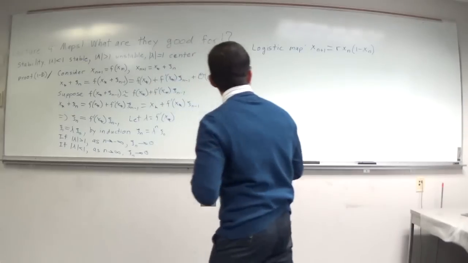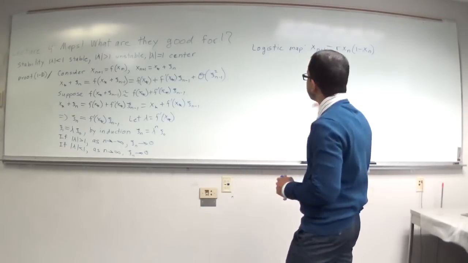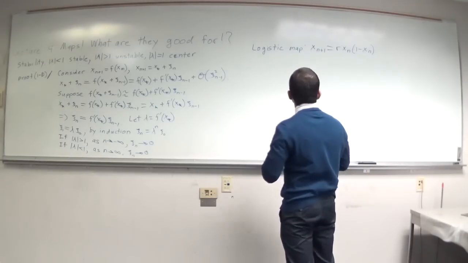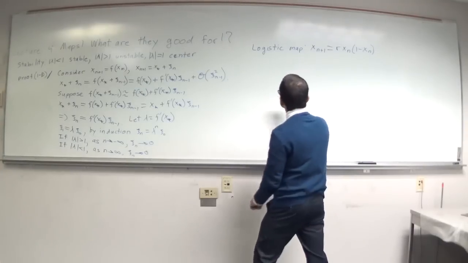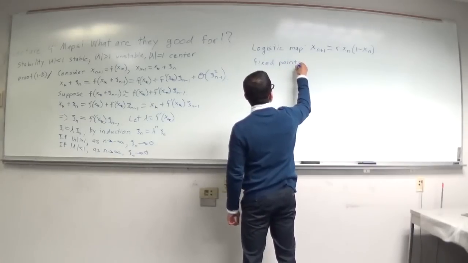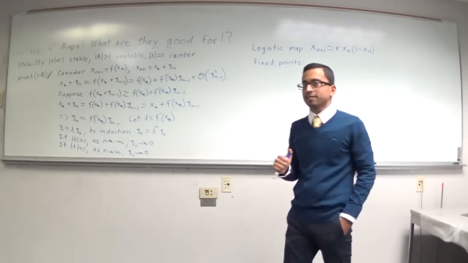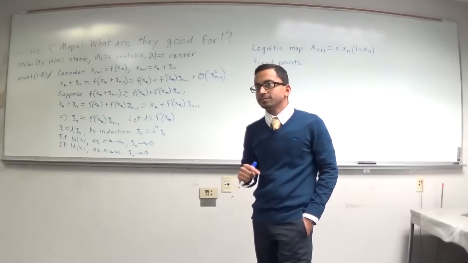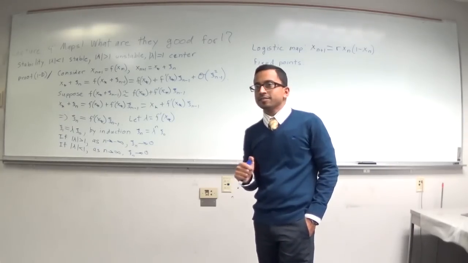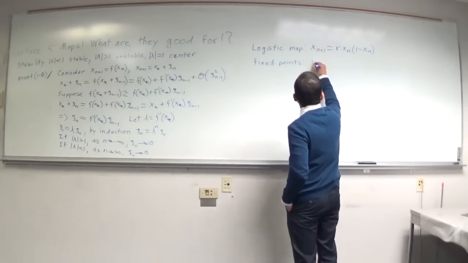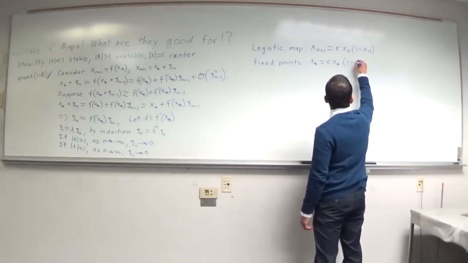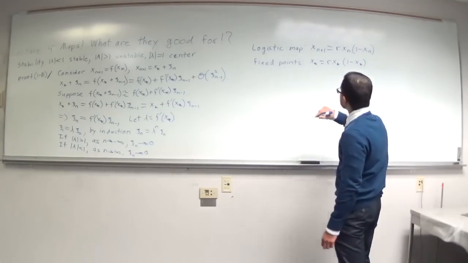So let's think of the fixed point of this. When we did the example before, we had a fairly easy fixed point. But now we have a few more things involved. So let's try to find the fixed points. How do we do that? We substitute x star in for x_{n+1} and x_n. Then we do some algebra.